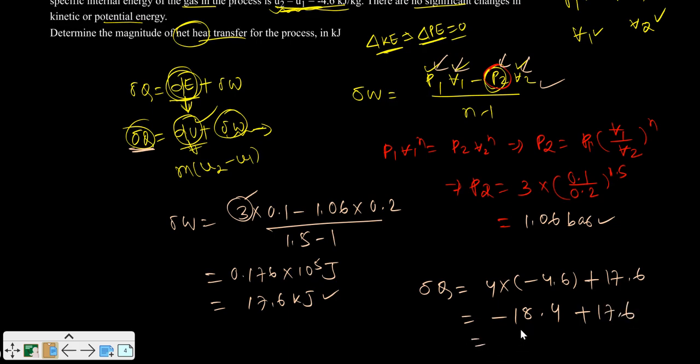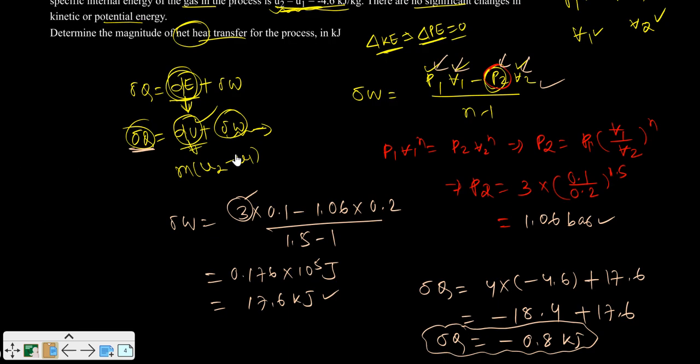So here 18.4 minus 17.6. So here we'll be getting the net heat value, that is negative 0.8 kilojoule, right? So net heat transfer will be equal to minus 0.8 kilojoule. So this will be the answer for this question.